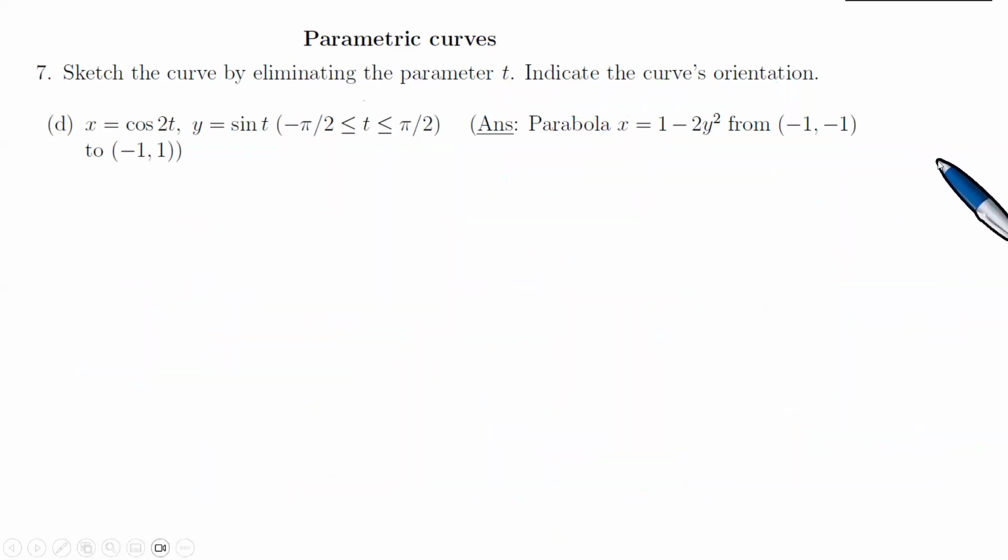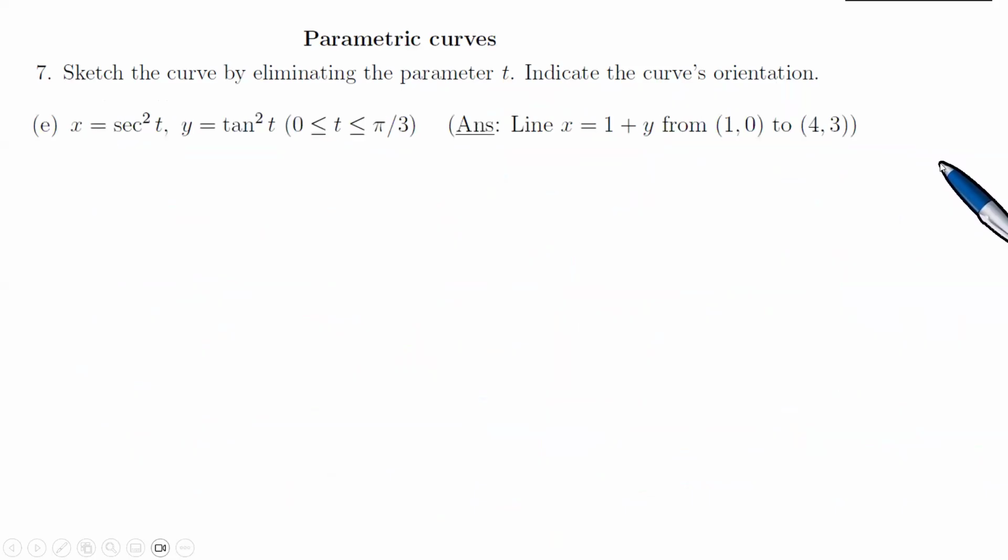Now, okay, let's look at this one. Sketch the curve by eliminating the parameter t. Okay, so this is like trigonometry. So you have sec squared and then tan squared. So you need to look at what these functions have for you in terms of trigonometric identities.